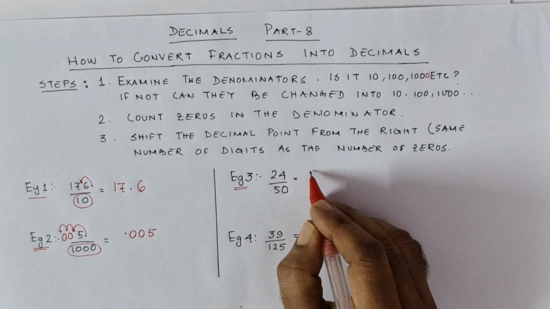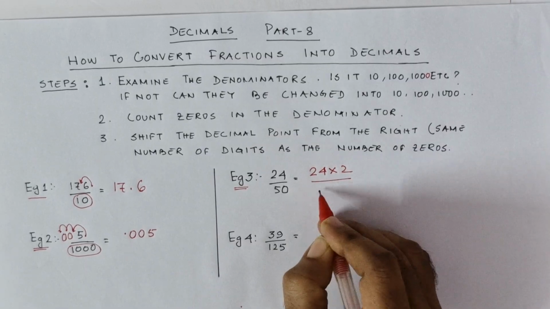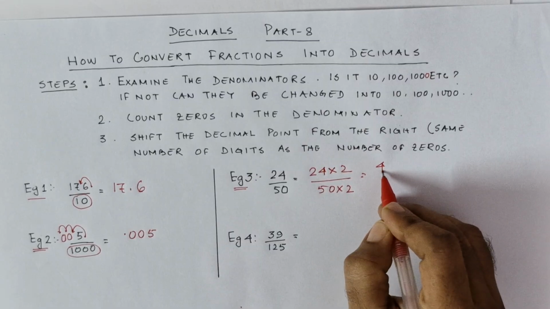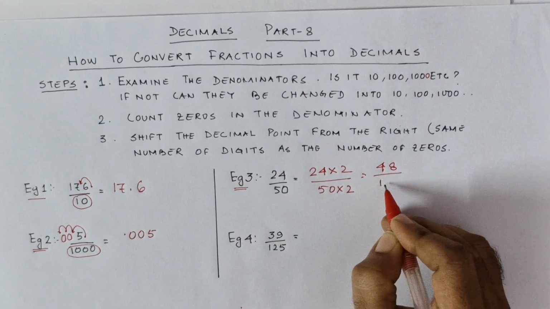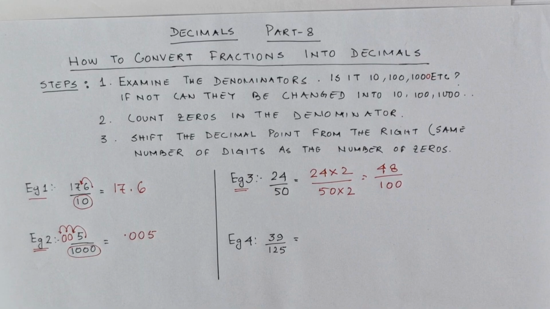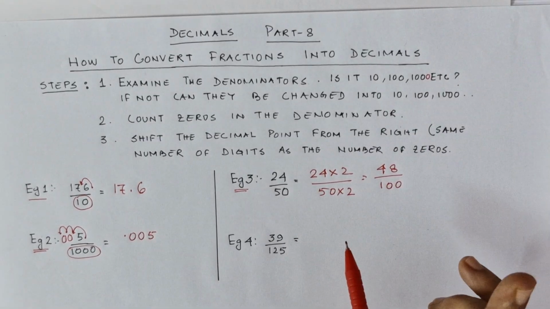So let's do that. 24 multiplied by 2 divided by 50 multiplied by 2. This becomes 48 in the numerator and the denominator becomes 100. See, I have changed it. Now examine it. It is 100. So there are 2 zeros.